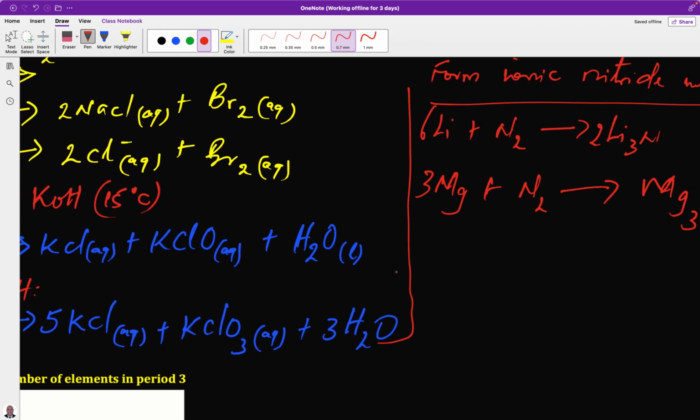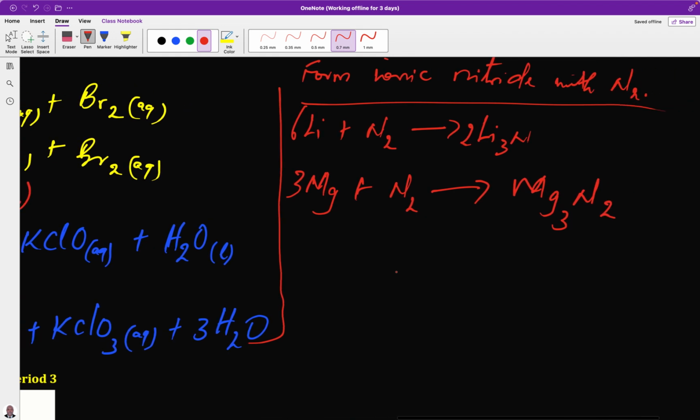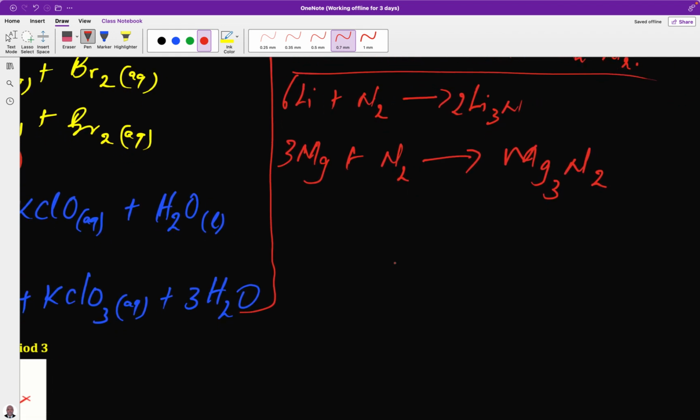That's the reaction. Another reaction is that both nitrates will decompose on heating to give nitrogen dioxide. If you don't give this one, you can give this one.